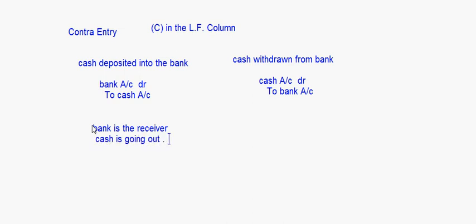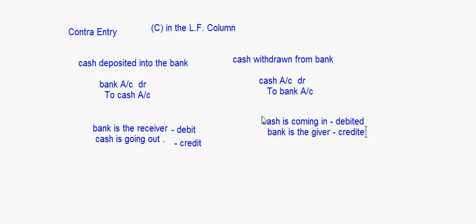So bank is the receiver means it will come on the debit side of the bank column, and cash is going out means credit side, and in the ledger folio you will put C, right? Here cash is coming in, so it will be debited, fine, and bank is the giver of the money, so that will be credited.